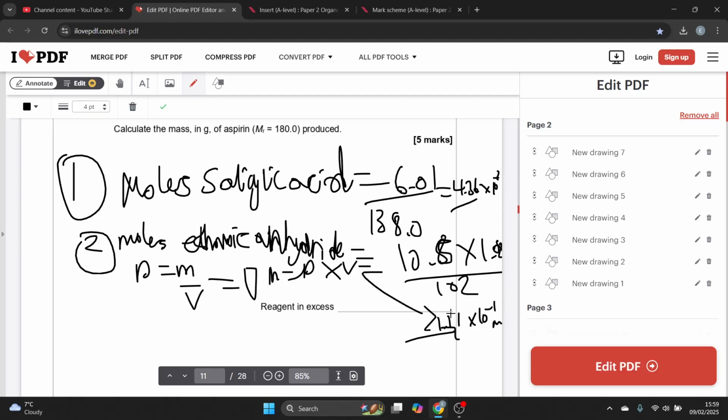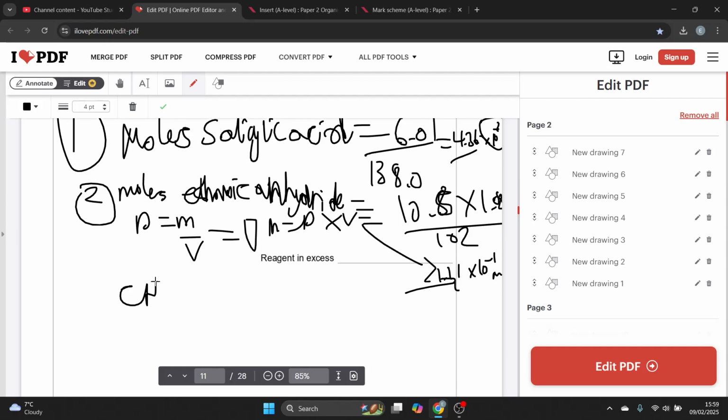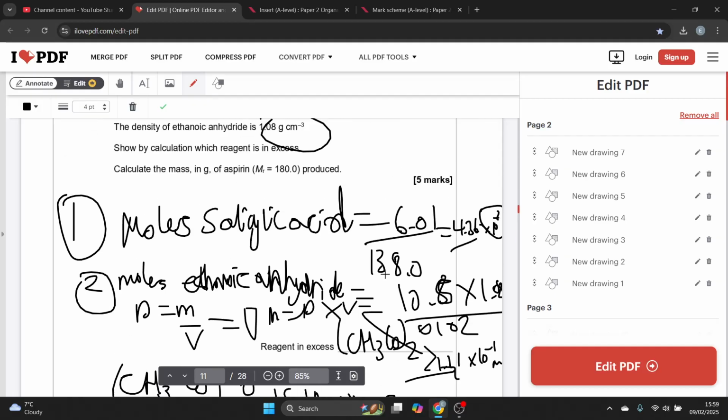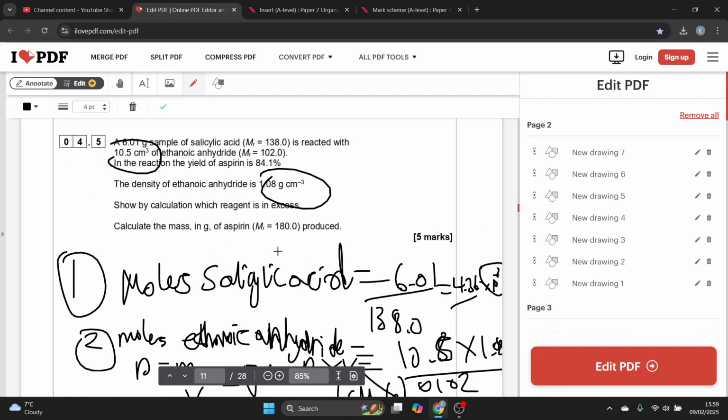You might be wondering 4.36, 1.11, but this is 10 to the power minus 2, so it's 0.0. So I'd say then the ethanoic anhydride CH3CO bracket 2O is in excess. Oh, it says put it here. CH3CO2O. And then it says calculate mass of aspirin produced.